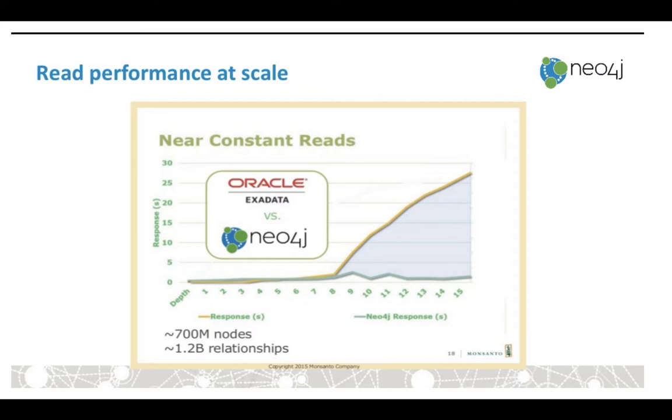So Neo4j is best for doing relationship based queries.